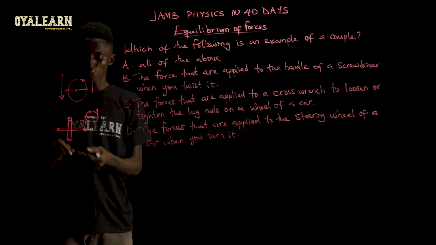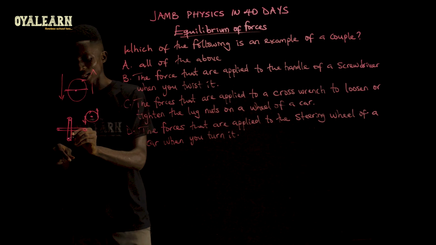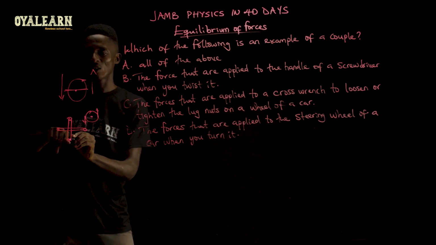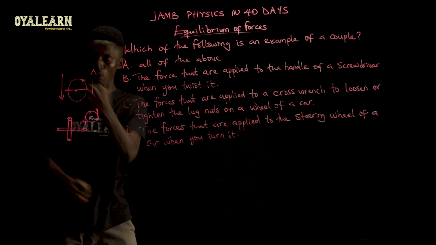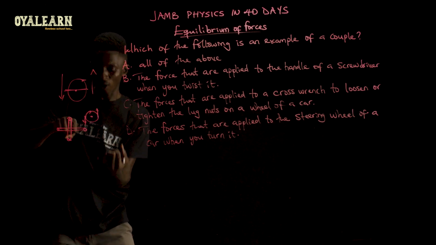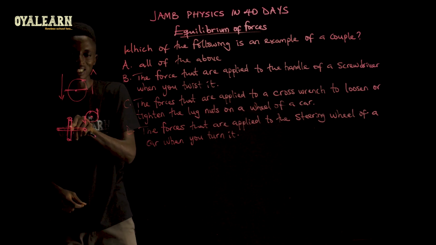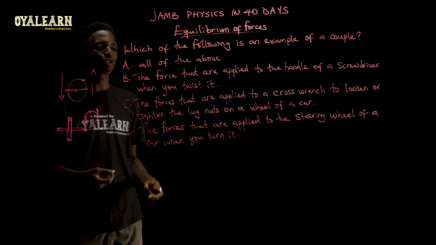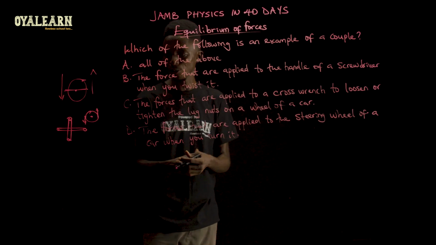When you want to loosen it, you apply a force to one of these bars, and the opposite force to the other side, and then you begin to turn it. So you're applying equal and opposite forces, which makes the cross wrench rotate about its central axis. That also goes with the definition of a couple, so it's also a couple.